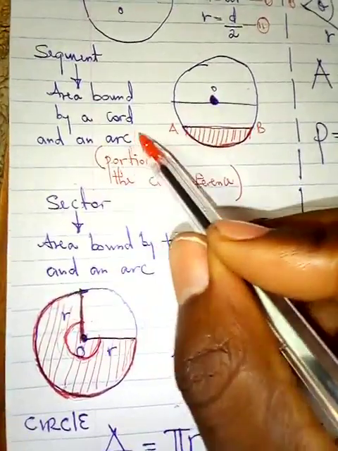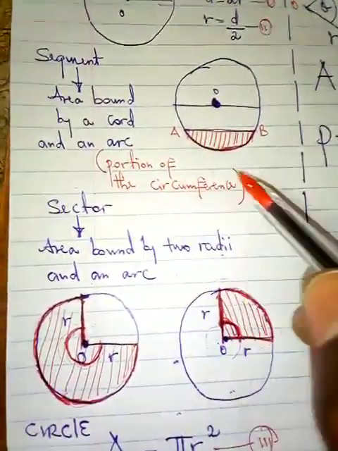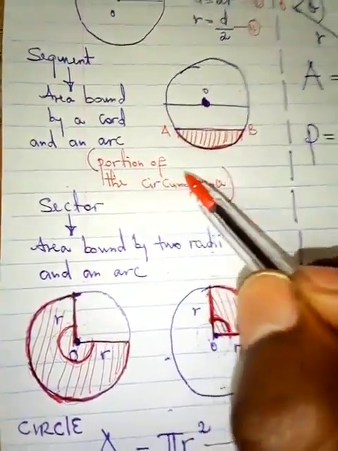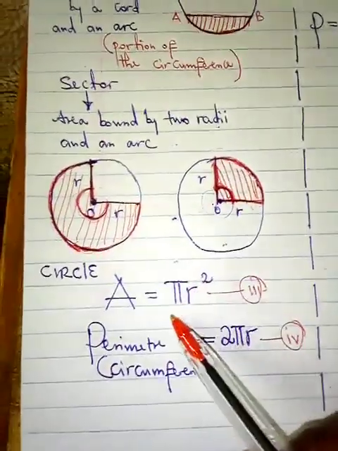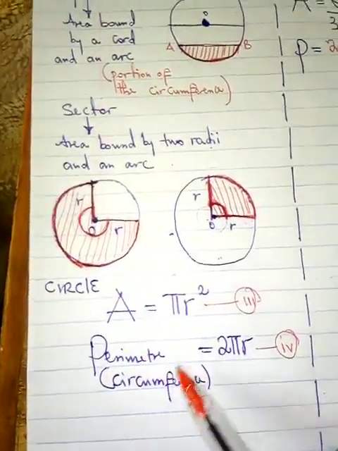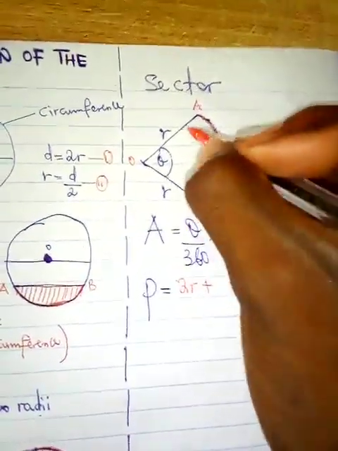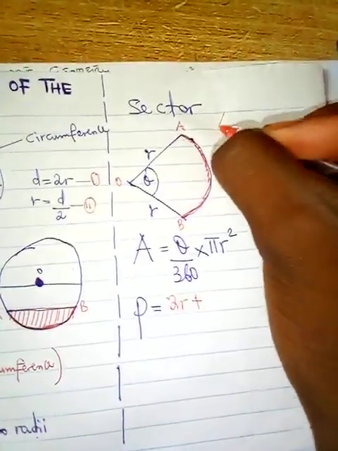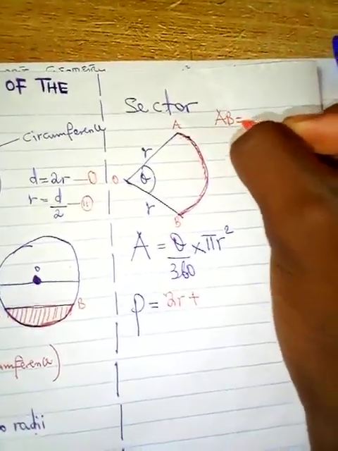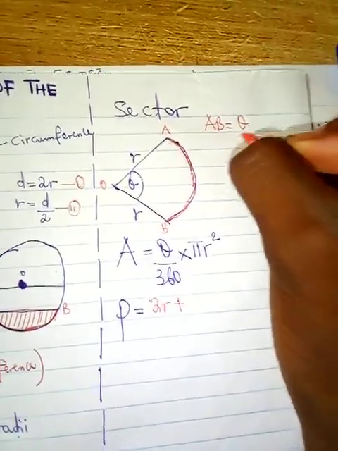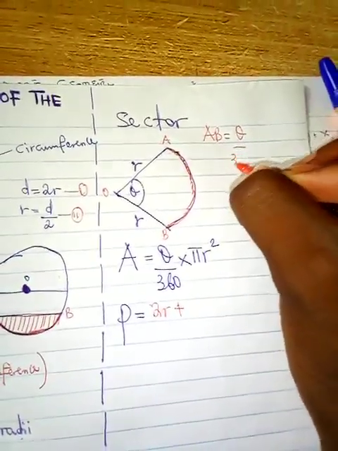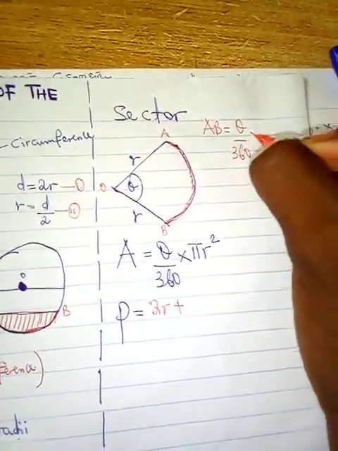The arc length, remember, we said that the arc is just a portion of the circumference. And we saw that the circumference or perimeter of a circle is given by 2 pi r. So the arc length, which in this case I'm going to refer to as AB, is going to be given by theta over 360 times 2 pi r.